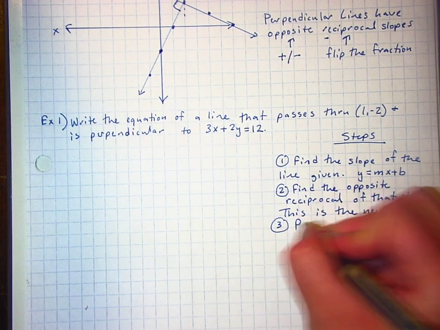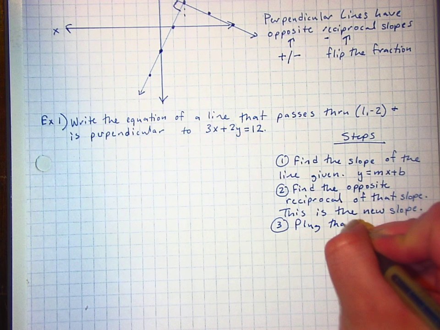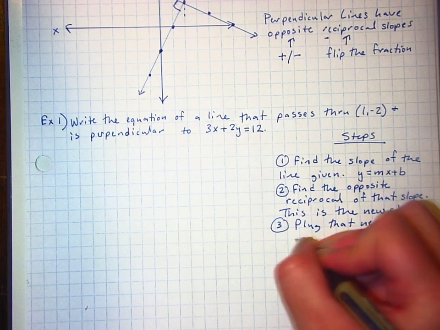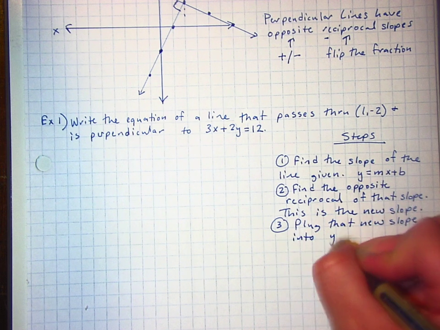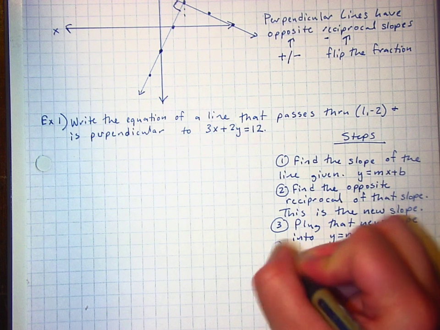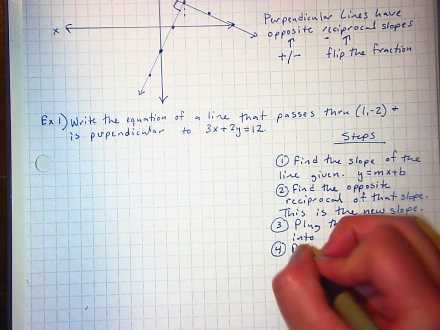Step 3 is to plug that new slope into y equals mx plus b. Step 4 is to plug in the point.